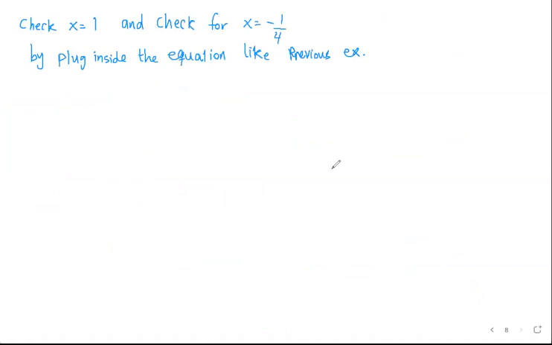So here, section 1.8 is inequality. I'm going to give you the definition of inequality.